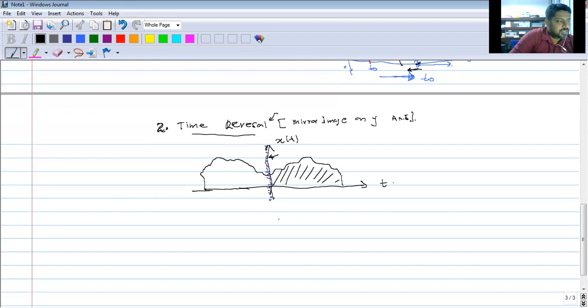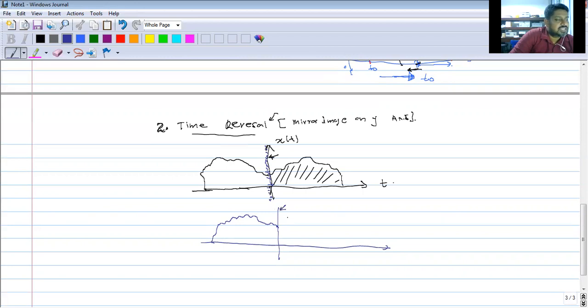In the same way, if you have a signal like this and you want to find the time reverse signal, we have to take the mirror image of this signal on this y-axis.